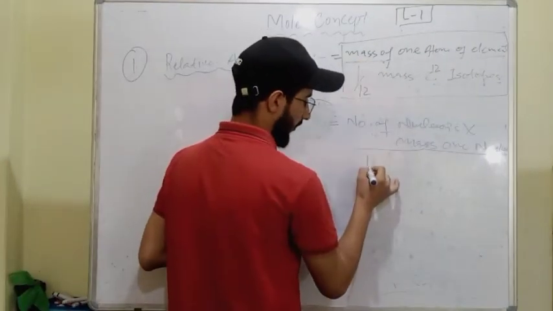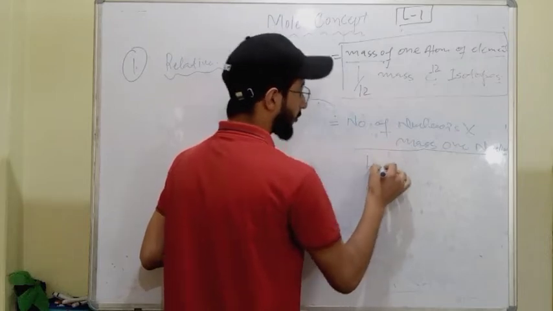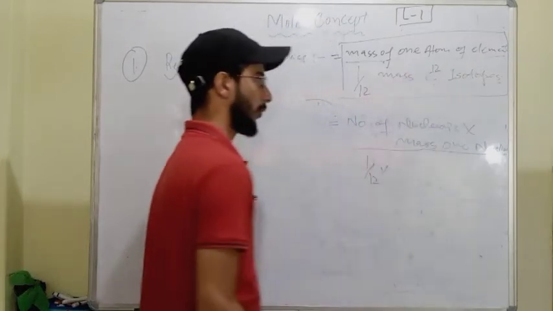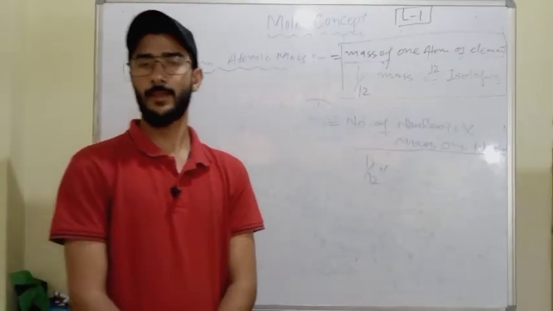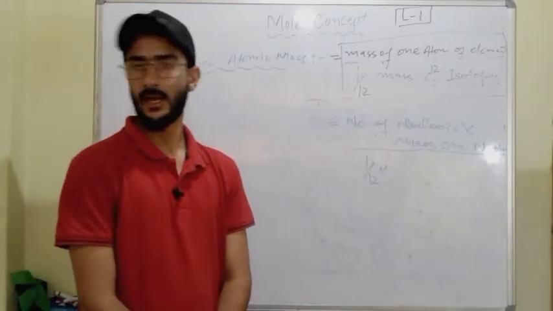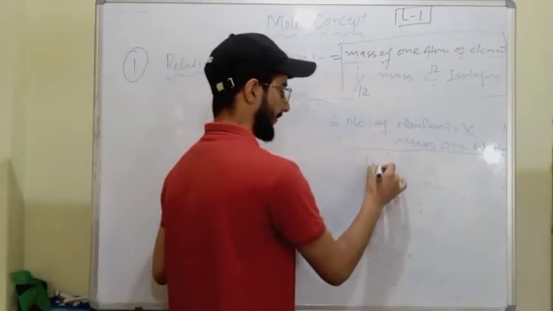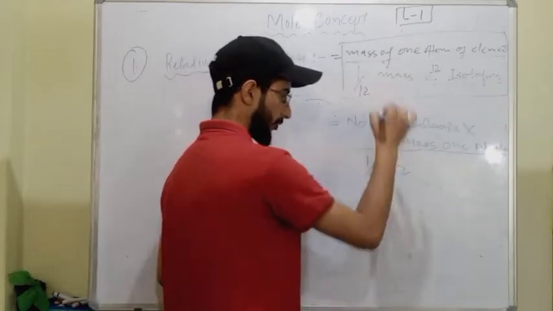I will write this 1 by 12 as it is into the mass of carbon 12 isotope. We know that the number of nucleons present in carbon is 12, into 12.